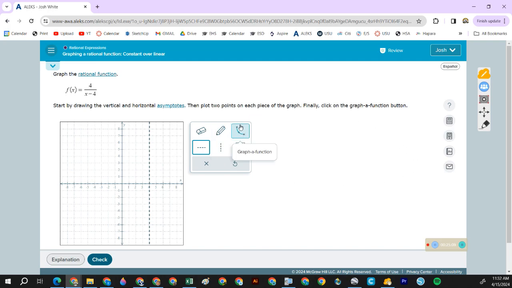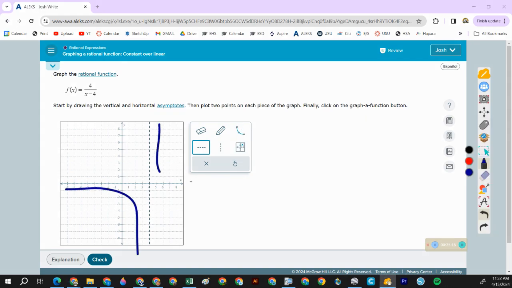Now, I have to decide, is it going to be this graph or this graph? Right? Those asymptotes always have opposite directions. If one side is up, then one side is down. Okay? Now, there is an exception to that, but we're not going to worry about it today.